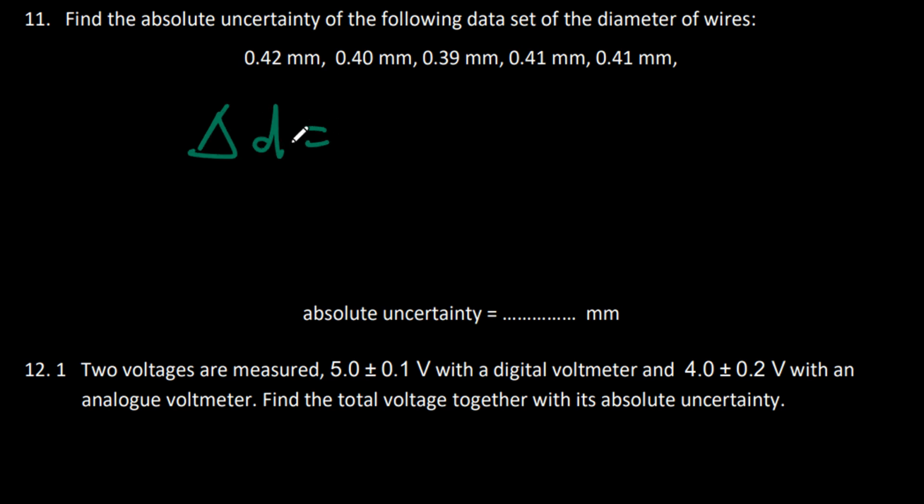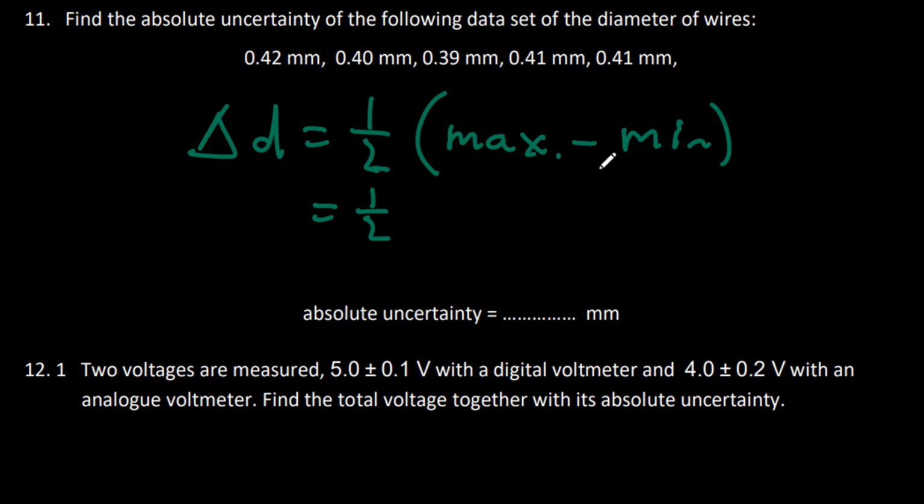So the absolute uncertainty of the diameter. The rule is that for repeated values, the absolute uncertainty will be a half times the range. And the range is the maximum value minus the minimum value. So a half times the range.